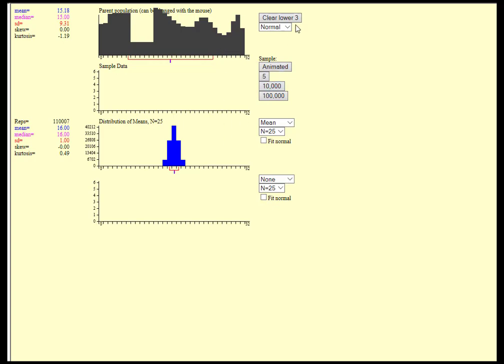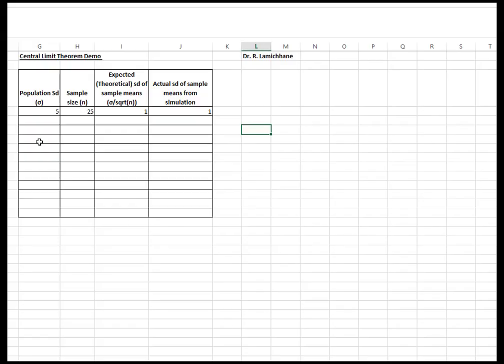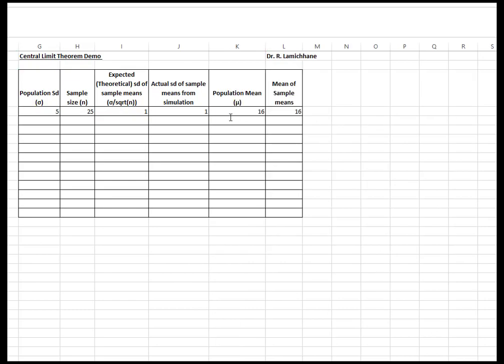Now let me do the same thing. For this data, mean is 15.18. Let me note this down here. Mean from the population is 15, and standard deviation of this population is 9.31.